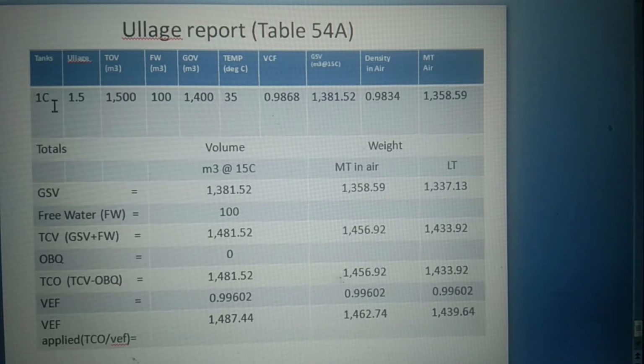So we have only one tank, which would be 1 center. After loading, together with the cargo surveyor, chief officer, and pumpman, we check the ullage of the cargo tank. The ullage is 1.5 meters.